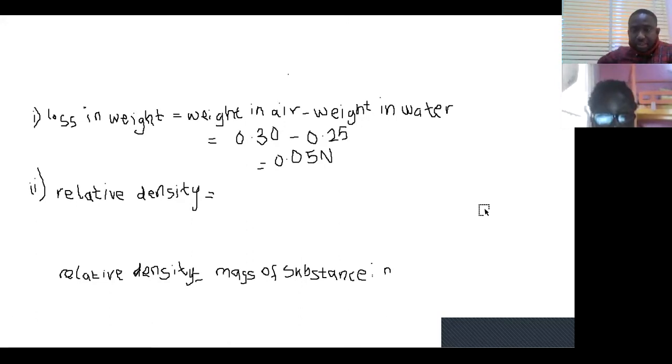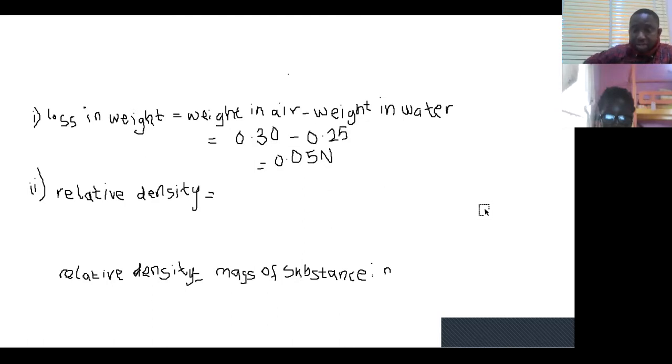Since they said the body weighs a particular amount in air and another amount in water, I was going to use the weight in air divided by the weight of equal volume in water. But what you are using is still the same thing.